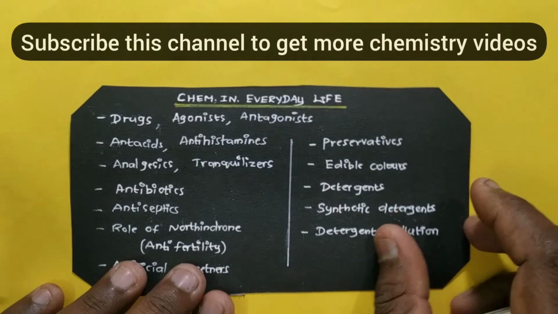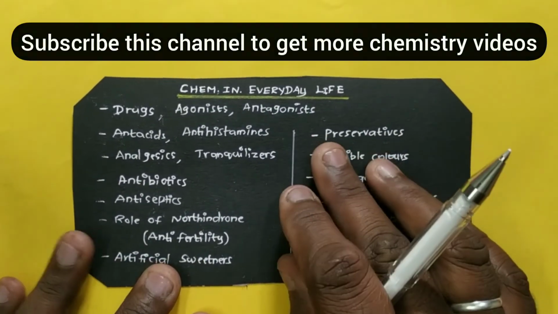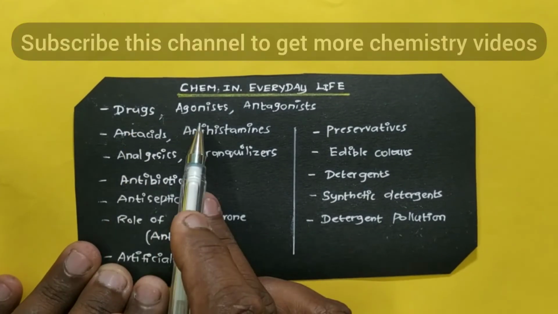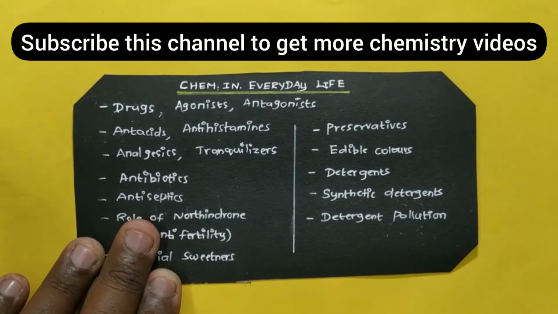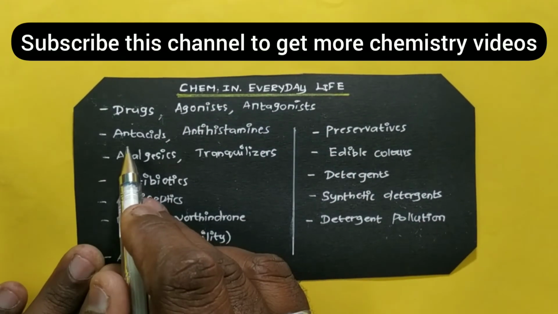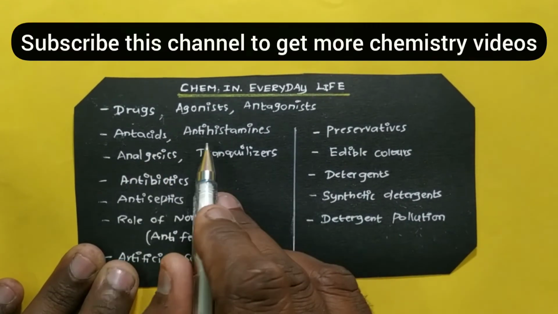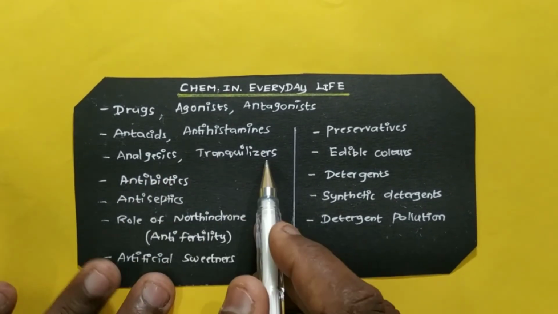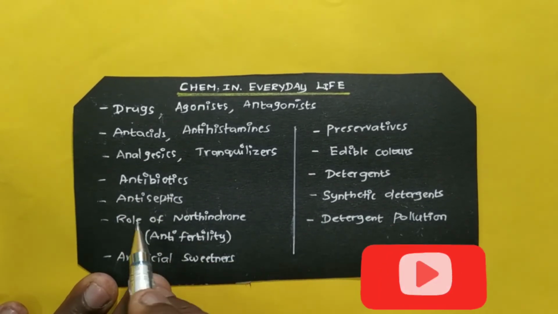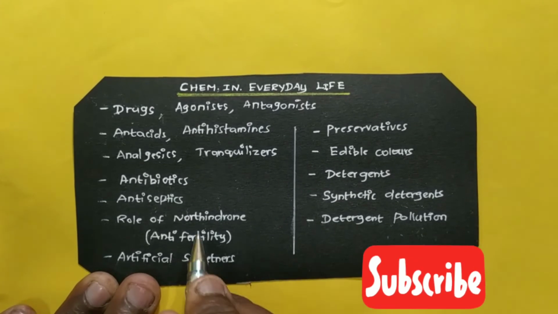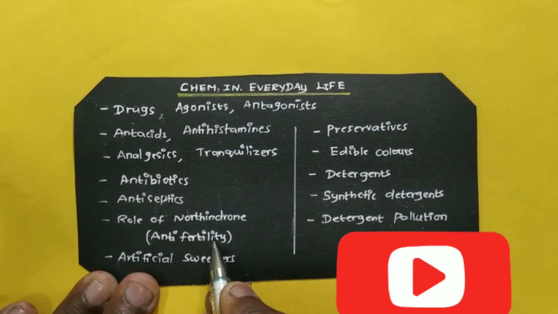And the next one is chemistry in everyday life. Here also you may expect questions from these areas: drugs, then agonists, antagonists, then antacids, antihistamines, then analgesics, tranquilizers, then antibiotics, antiseptics, the role of norethindrone, which acts as an anti-fertility agent.